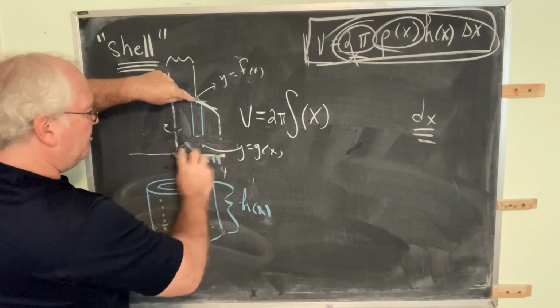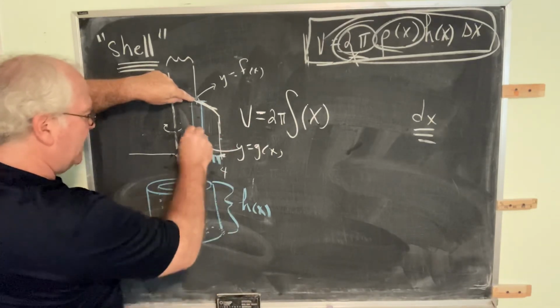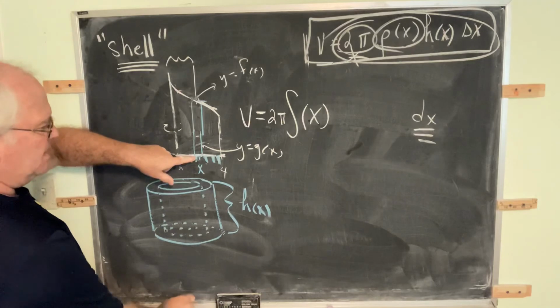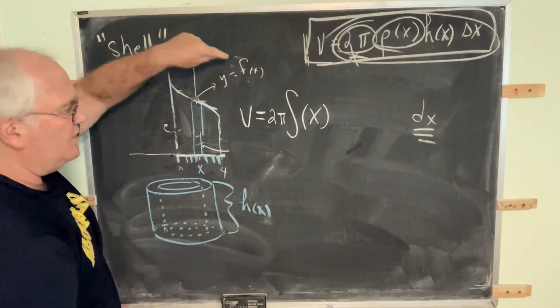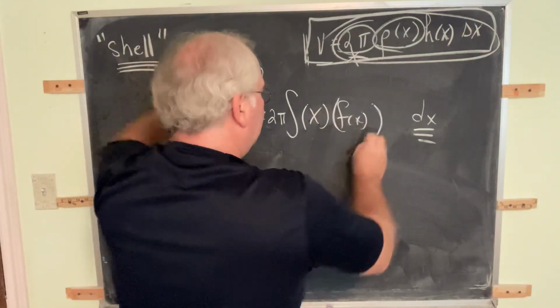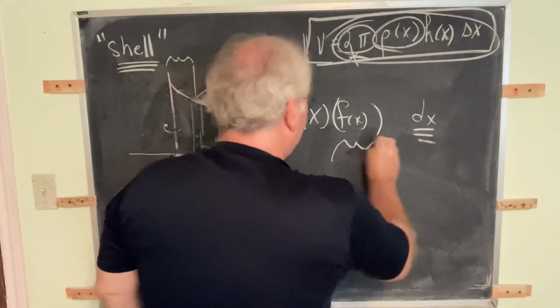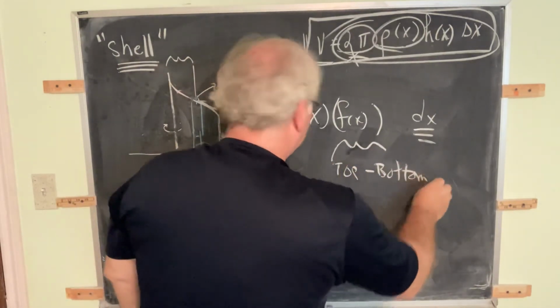Now, in our particular given problem, the bottom is actually the axis, which is to say the bottom is 0. So we don't need to subtract that off. We can just have the f. So in this particular case, the height is f of x. It's not necessarily f of x. The way to think of this is top minus bottom.